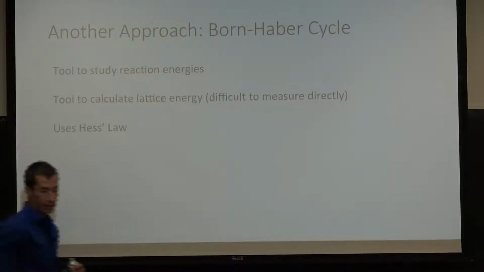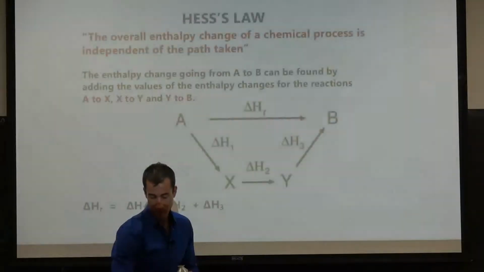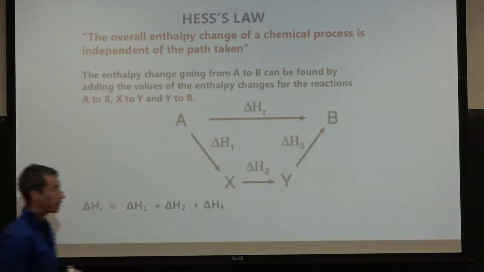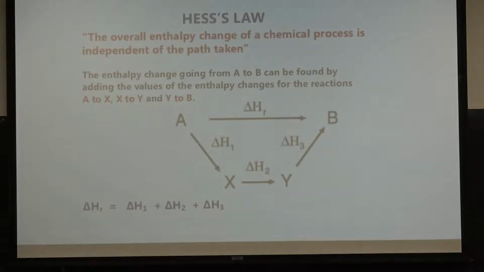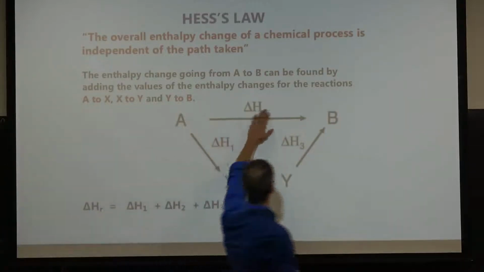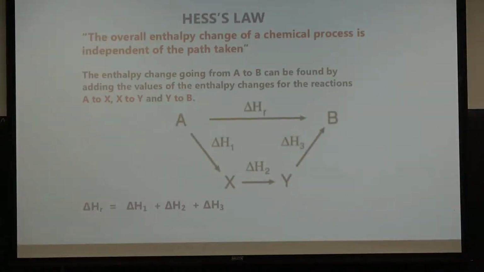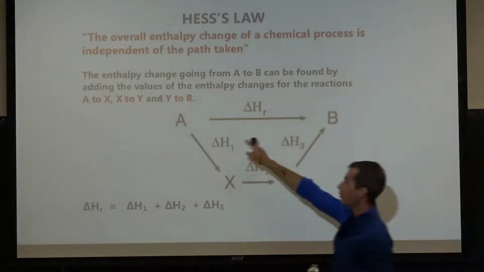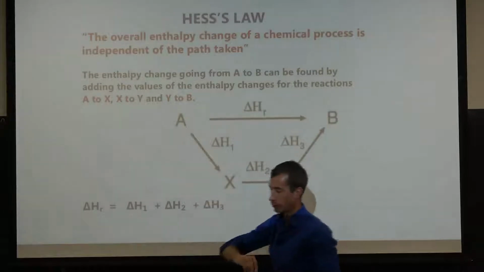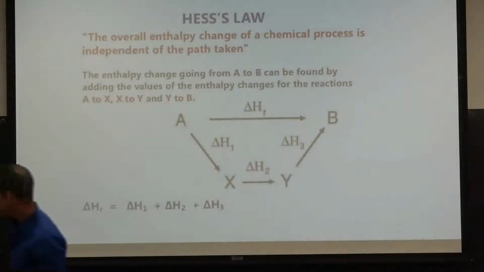So what we're doing is taking these different pieces and putting them together. This is known as Hess's law, that the overall enthalpy change of a process is independent of the path taken. So this is what we're trying to calculate, right? Don't forget these are just generic 1, 2, and 3.